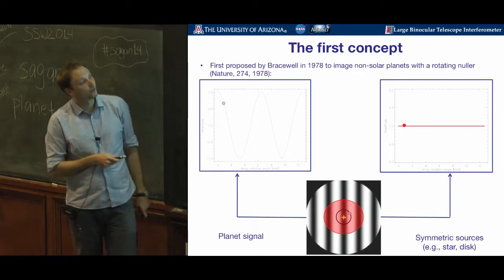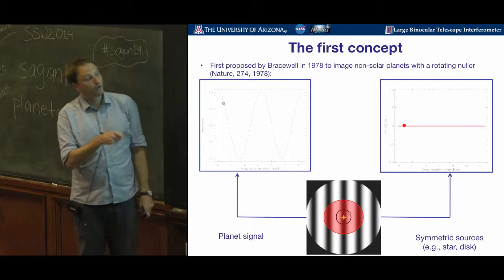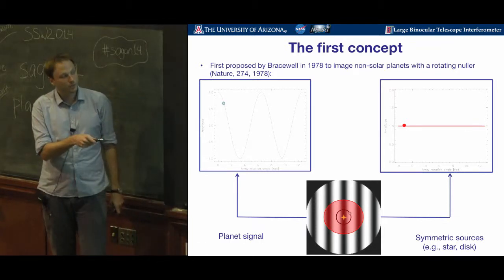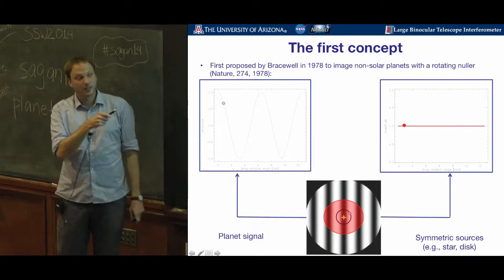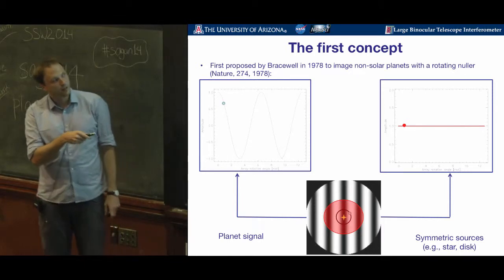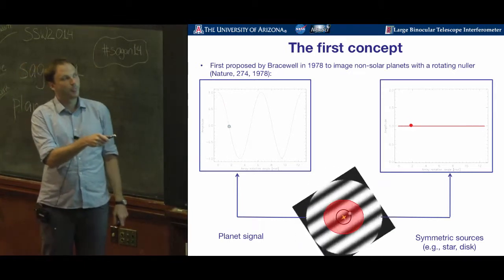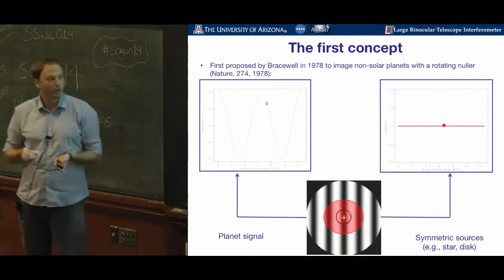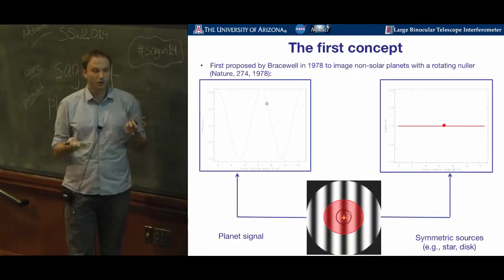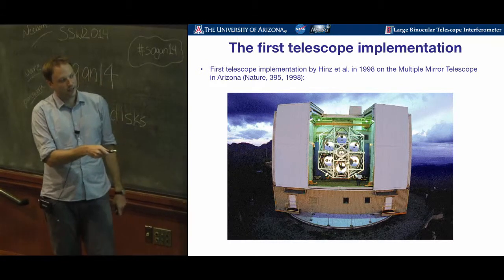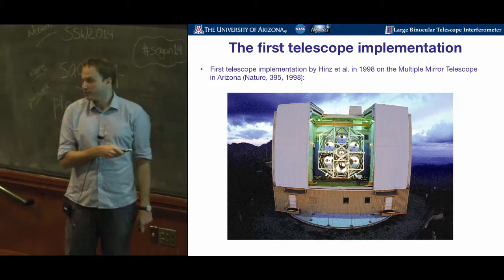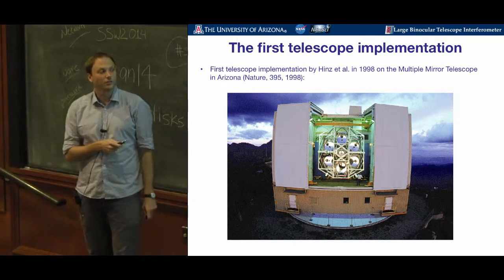If you rotate your instrument, the planet will go through the minima and maxima of the transmission map, and you have a modulated signal. On the other hand, anything which is centrosymmetric will be constant. And the idea behind that was that we can use this technique to resolve a really close-in object and to detect its presence by demodulating the signal of the Nuller.